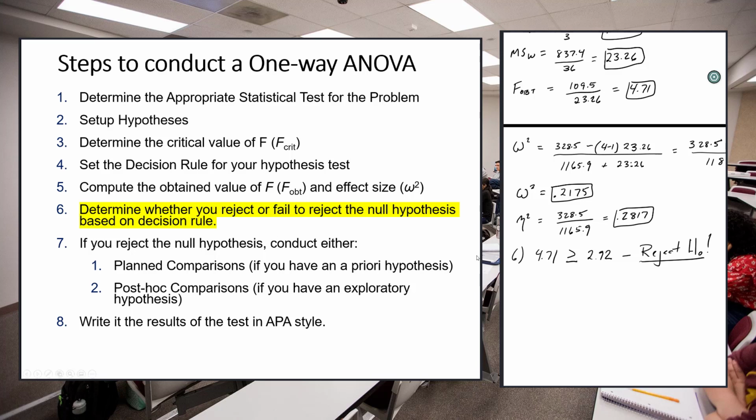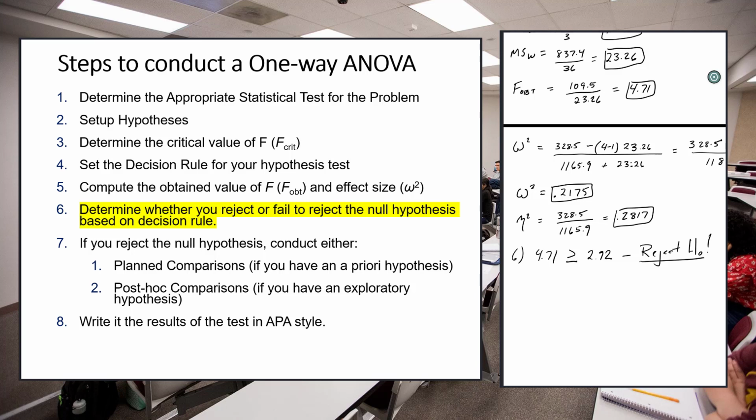Okay, but keep in mind that what this significant F is telling us is that at least one group is significantly different from at least one other group. It's not telling us that all the groups are different or which groups are different.